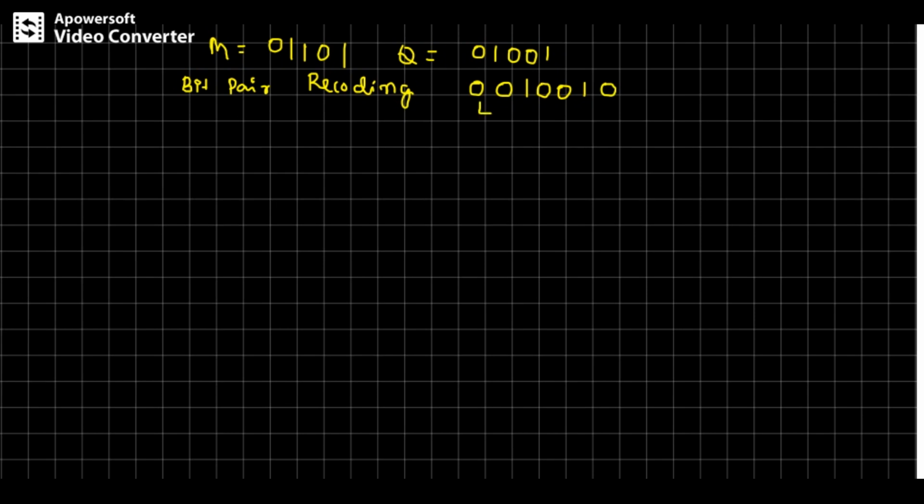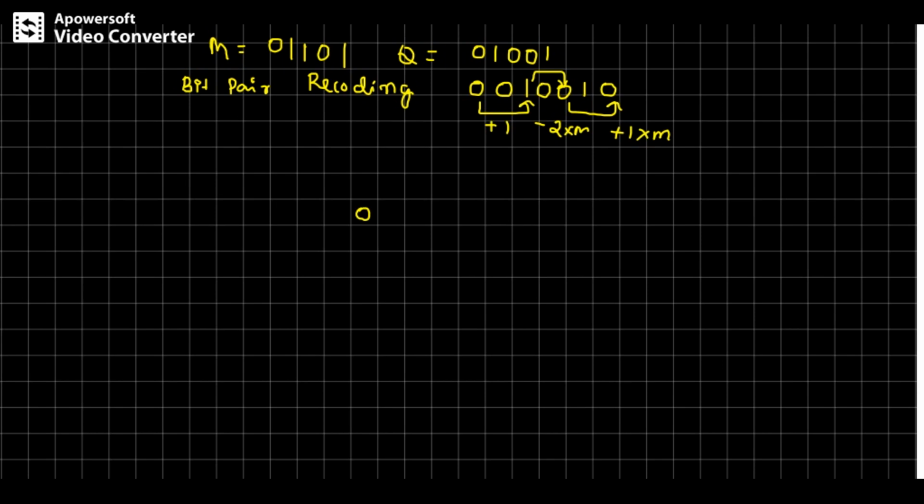So now I'll check the transition. 0, 0, 1 means plus 1 into m. 1, 0, 0 that means minus 2 into m. And the last pair is 0, 1, 0 that means plus 1 into m. So now we can perform the normal multiplication operation.